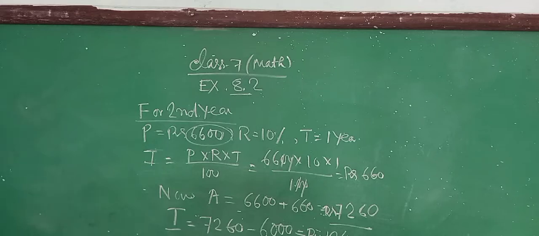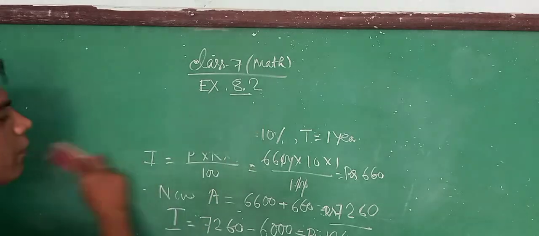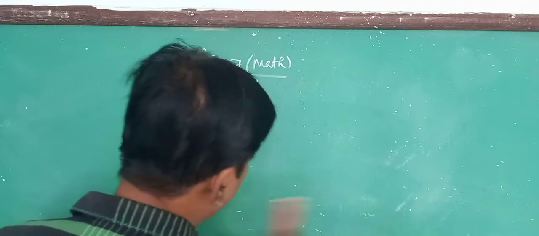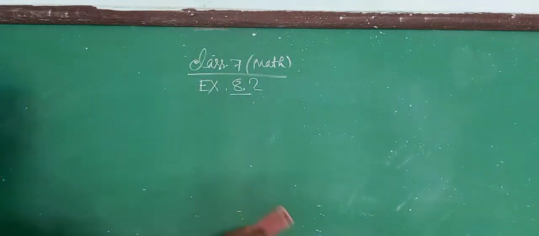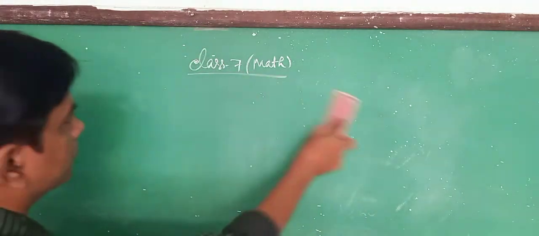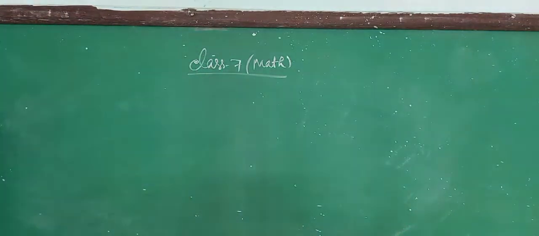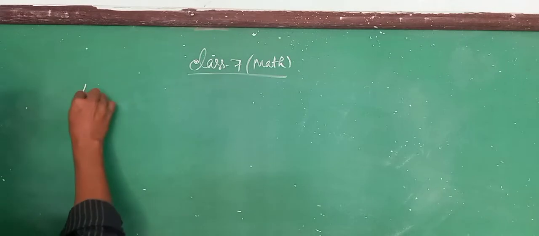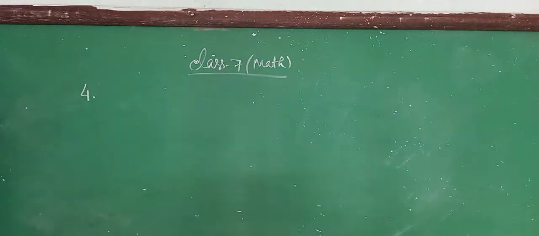Next I will discuss question number 4. Whenever I discuss question number 4, you are able to solve the whole problem from this chapter. A man invested rupees 46875 at 4% per annum for 3 years.